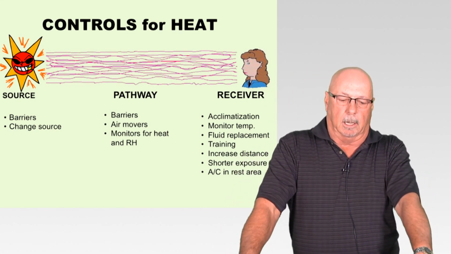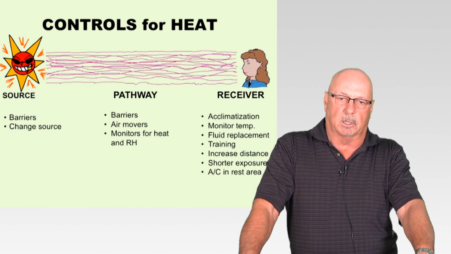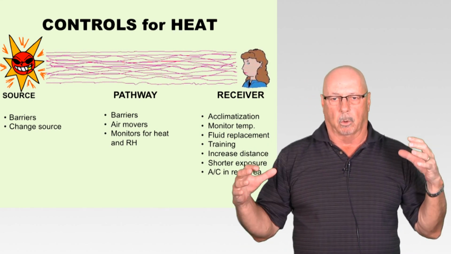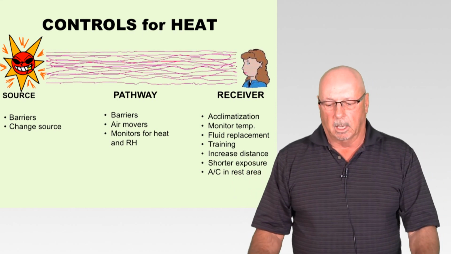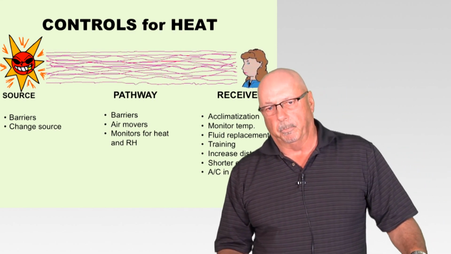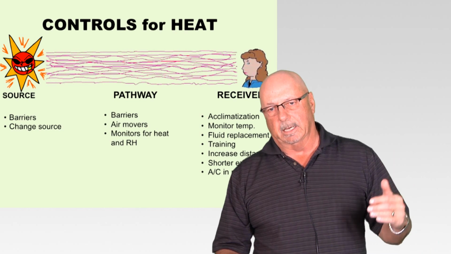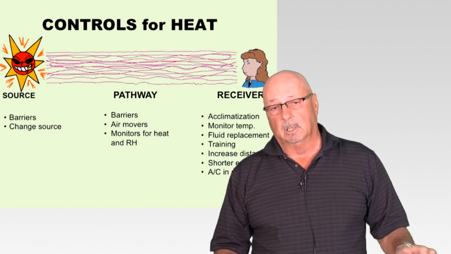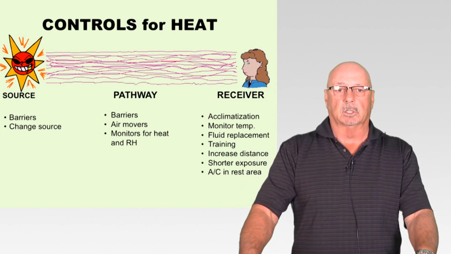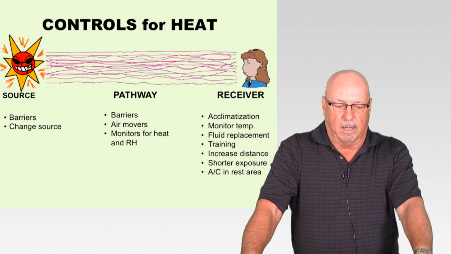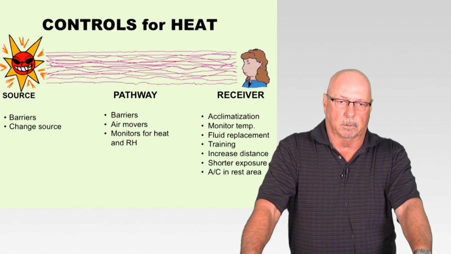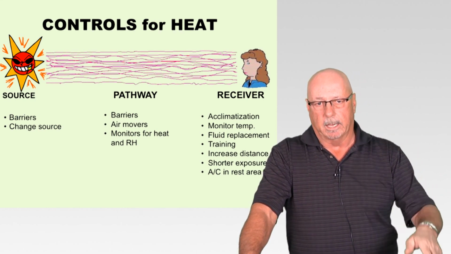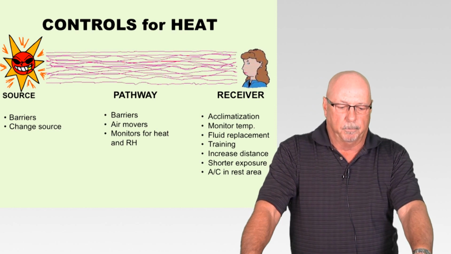Well, if we look at controls for heat stress conditions and break it down into our standard source, path, receiver, you can see on this table that we can start listing the different types of controls available to us to prevent heat stress conditions. On the left, under source, is using barriers to protect yourself from direct sunlight exposure.